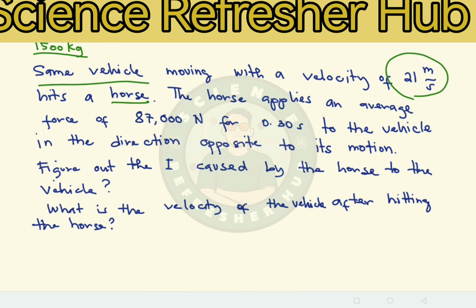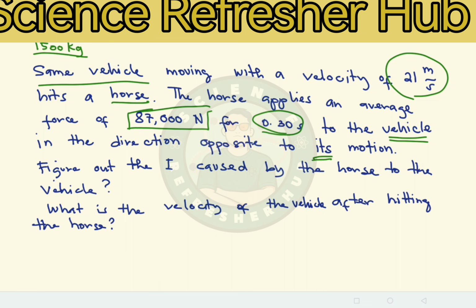Okay, so the horse, according to the third law, when there's an action, there is a reaction in the opposite direction. So the horse applies an average force of 87,000 newtons for this very quick time, 0.3 seconds, to the vehicle in a direction opposite to the vehicle's motion.